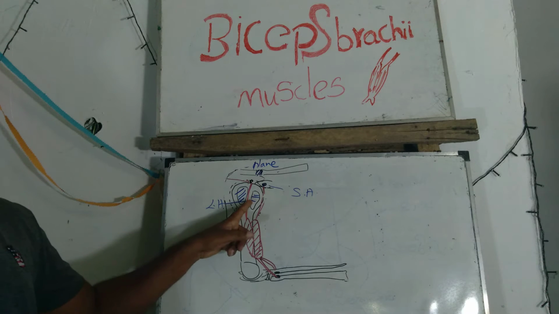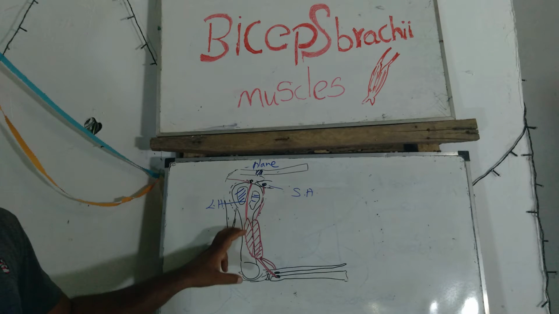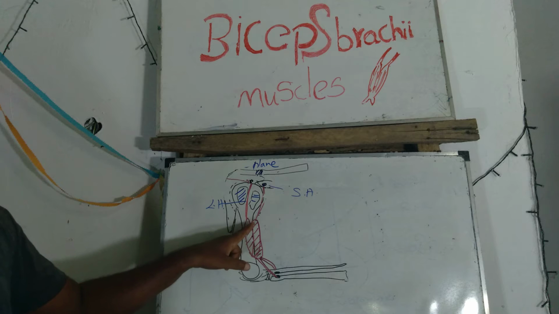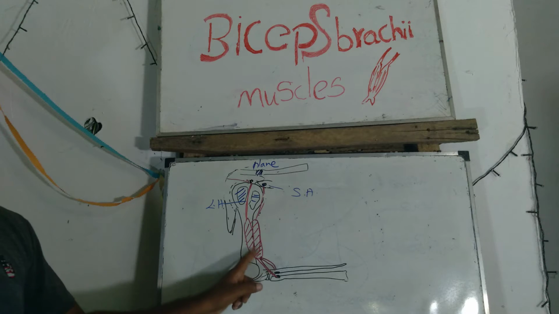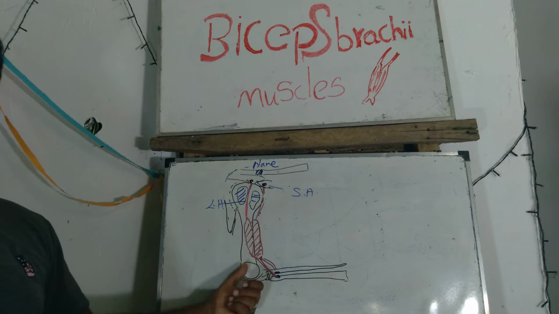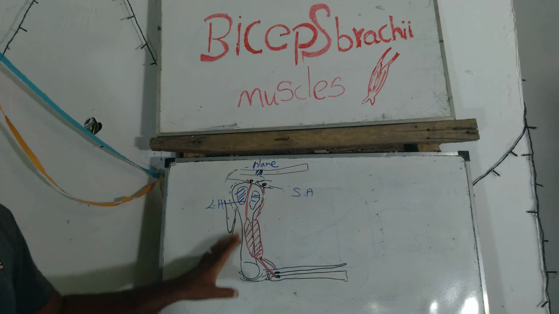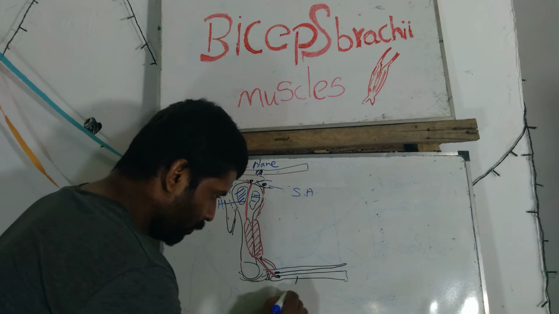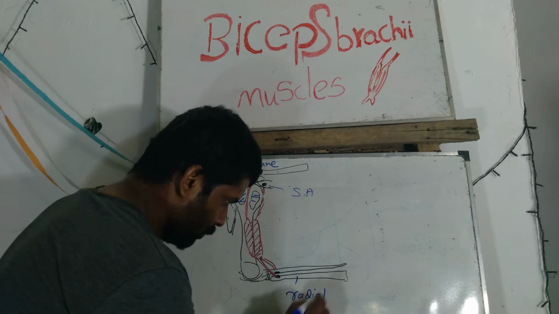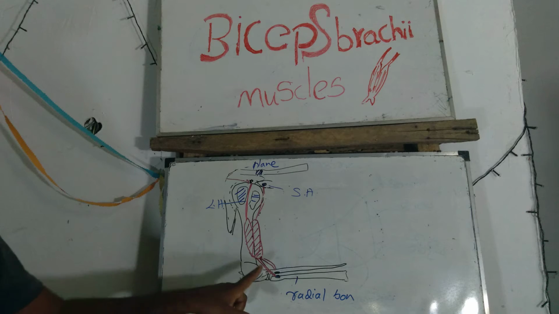Then we are going to talk about the biceps belly, the bulk area of the biceps. Visually, two areas are seen, the medial area and the lateral area. The biceps muscle goes downward and inserts on the radial bone, the radial tuberosity.